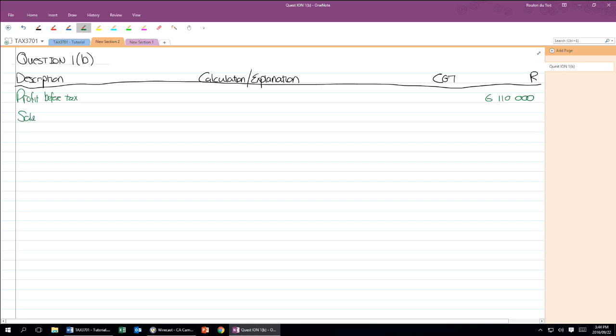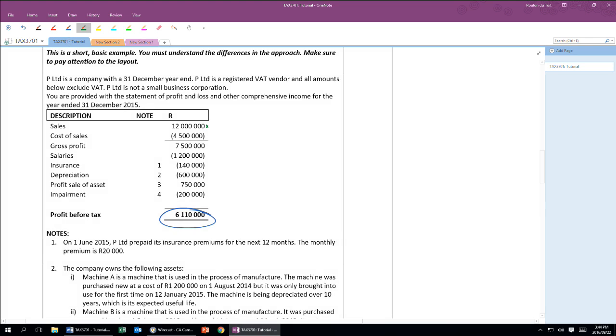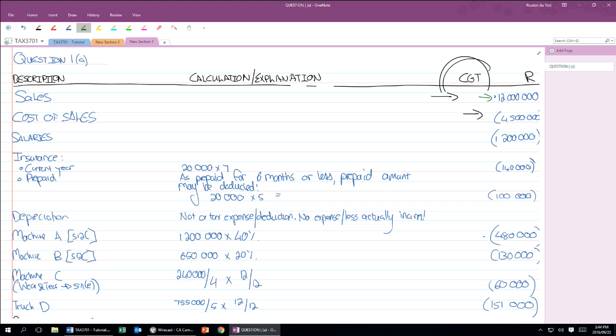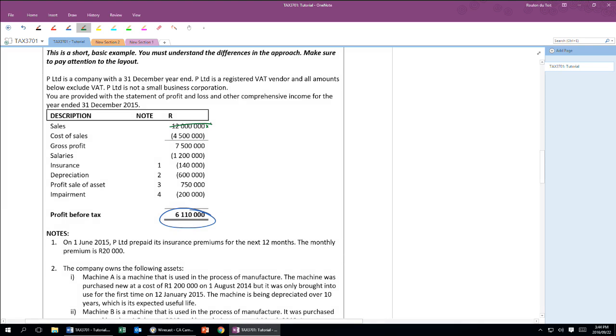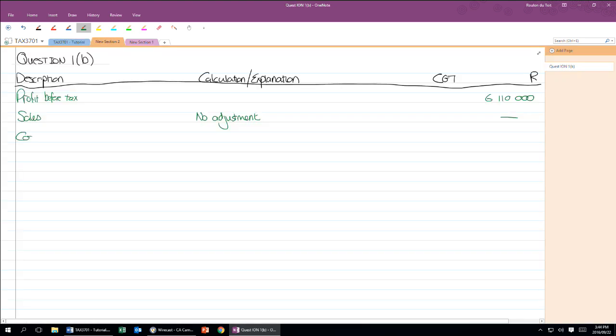So for sales, there is no adjustment. Sales done. Then we have cost of sales. The accountant has deducted it, and if we look at what we said we should do, we would also deduct it. So cost of sales is also a situation where there is no adjustment required in this question.